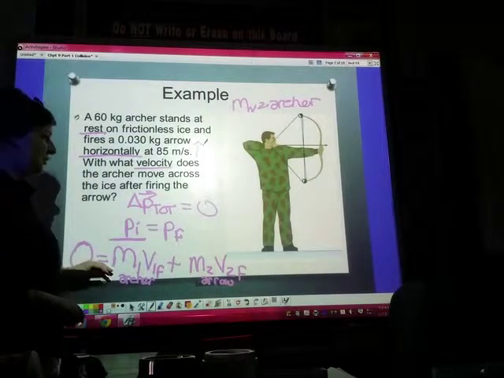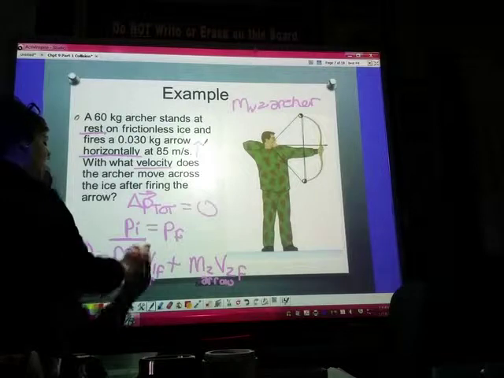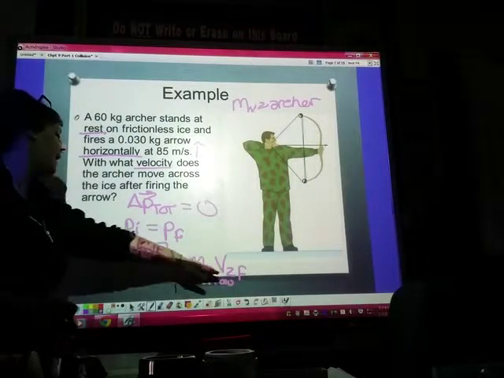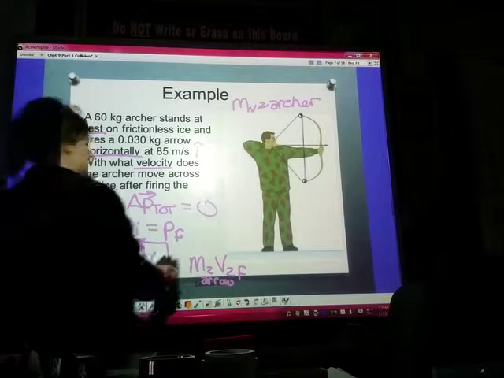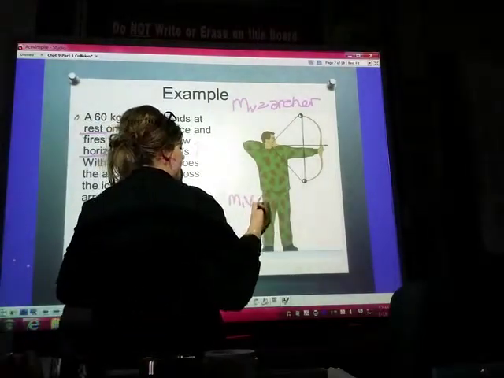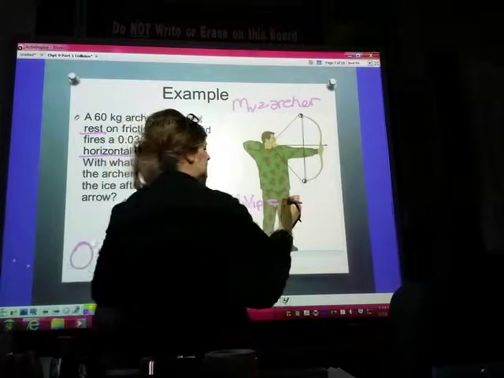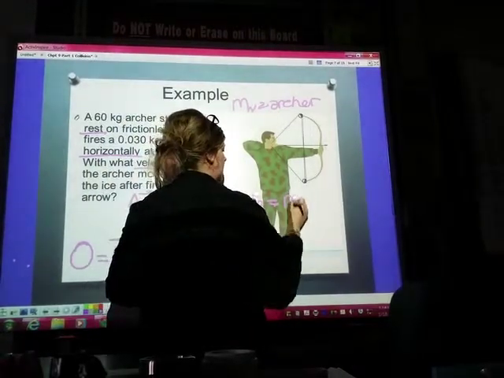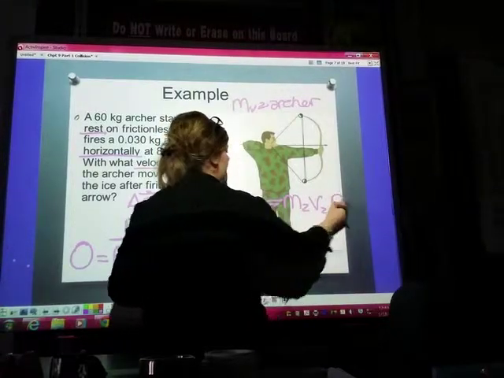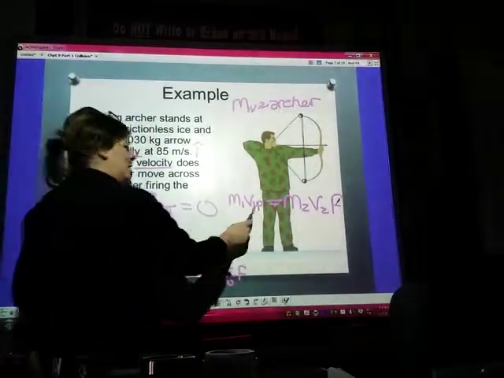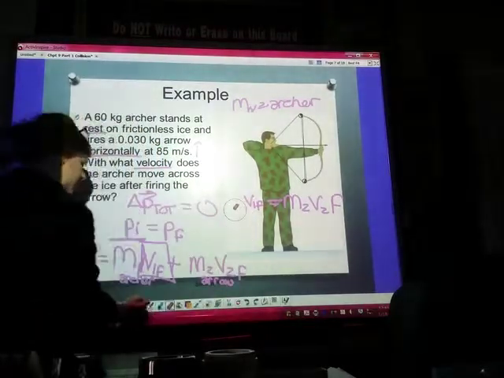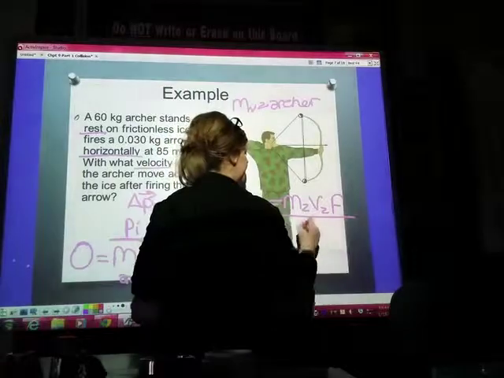I just want to rearrange this though and solve for V1 final. So to do that, I'd have to subtract over here. So I would be left with M1 V1 final equals a negative M2 V2 final. I want to know what V1 final is, so let's just divide both sides by M1.